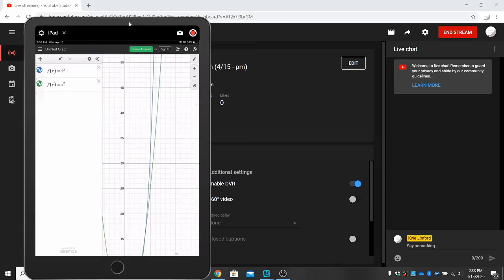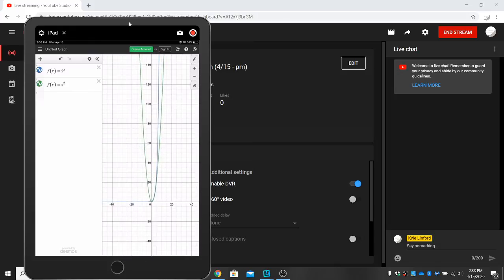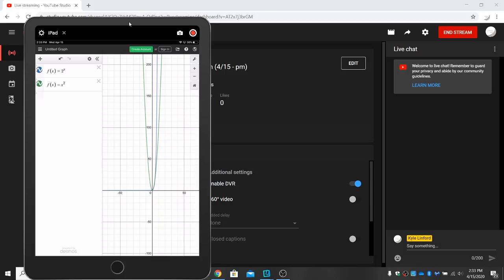And as we zoom out, we can see that blue graph is on the outside here. It keeps increasing much, much quicker than the quadratic. So what will eventually get you larger and larger values quicker and quicker? 2 to the x would, not x squared.